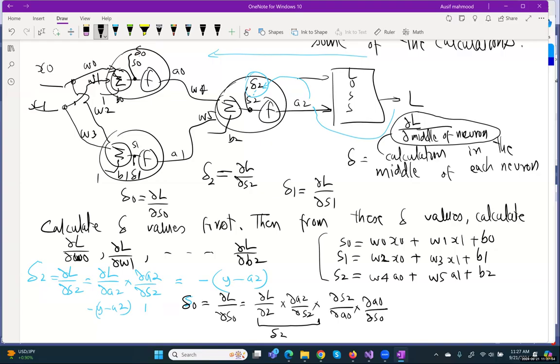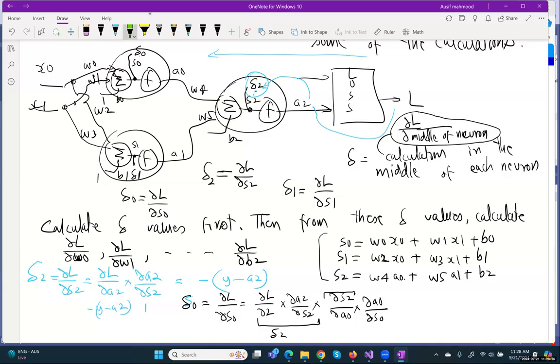So we don't have to calculate it again. We already calculated delta 2. So if we start from delta 2, what's the value of this? Partial S2 over partial A0, right?